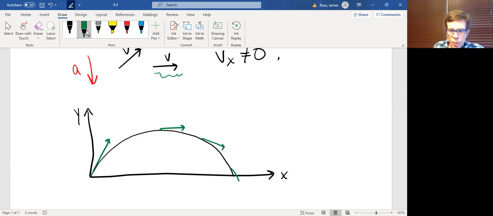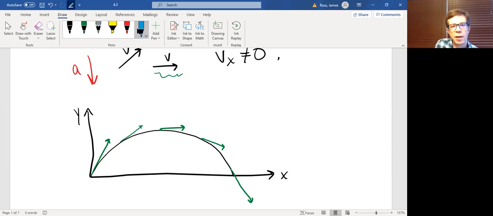And this one didn't really line up right. There, that looks a little better. And I'm drawing this one trying to get it as correct as possible to make my point.